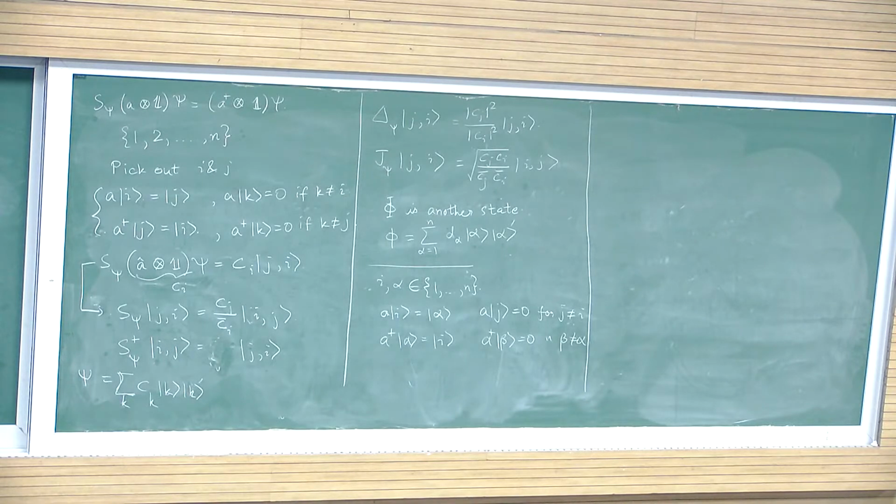S square is identity. Sorry. Just a moment. Let me just. I mean, in this case, it will be, because you see, I started, okay, just a moment. Let me first explain this. So when A acts on this, it's fine, right?